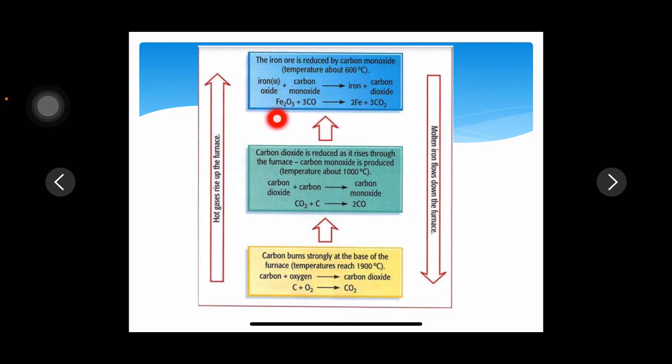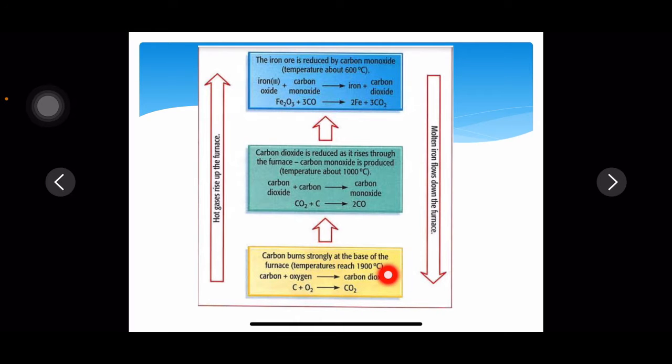So 2 Fe are there, so by balancing, Fe is 2, O is 3, and here you can see O is 3, so 3 to the 6, 3 carbons. That equation needs practice to balance, or you can learn the balanced equation as well if you have short time.